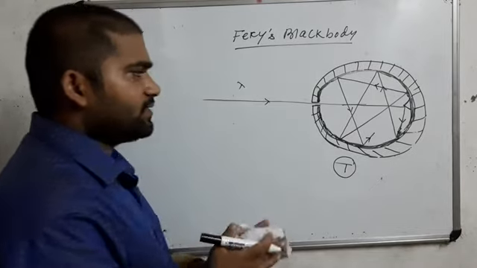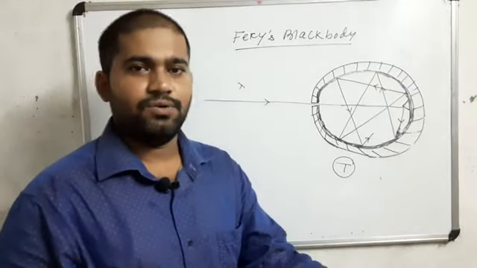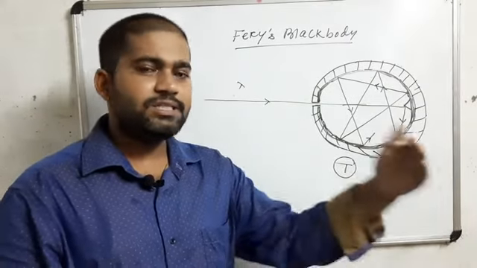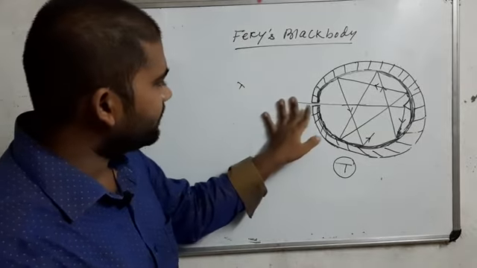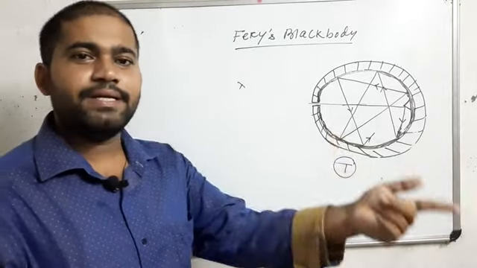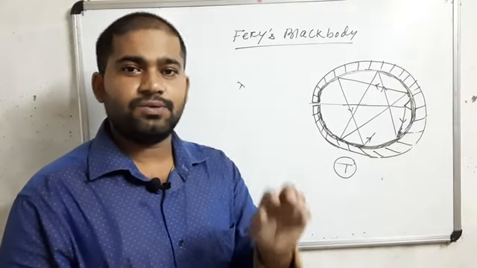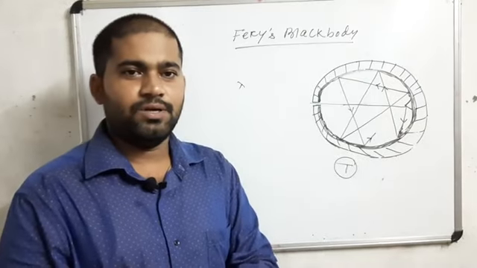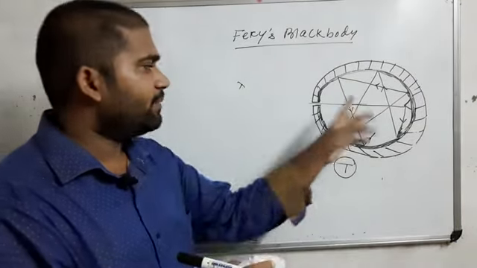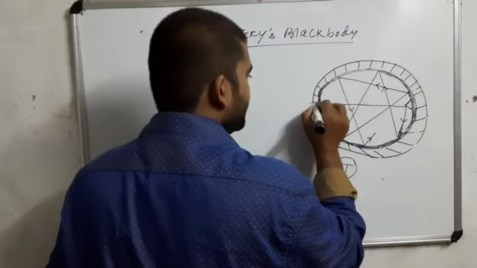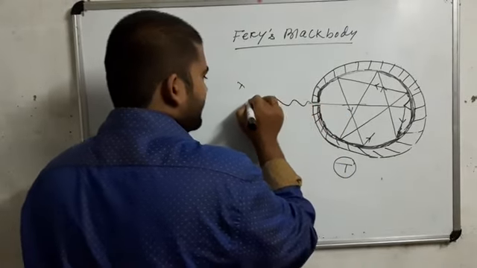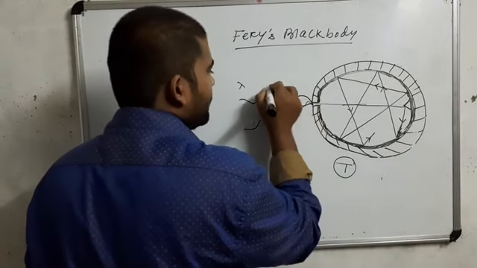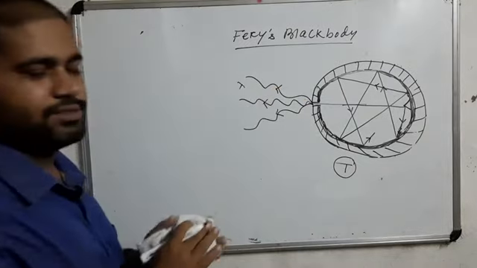If we place that black body in a region where the temperature is below that of the body, what happens? There will be radiation. When the surrounding temperature is lower than the black body temperature, it emits radiation, and the radiation coming out of the body is called black body radiation.